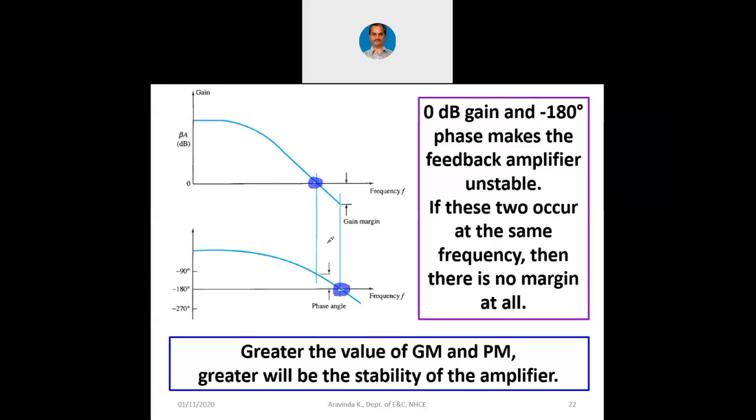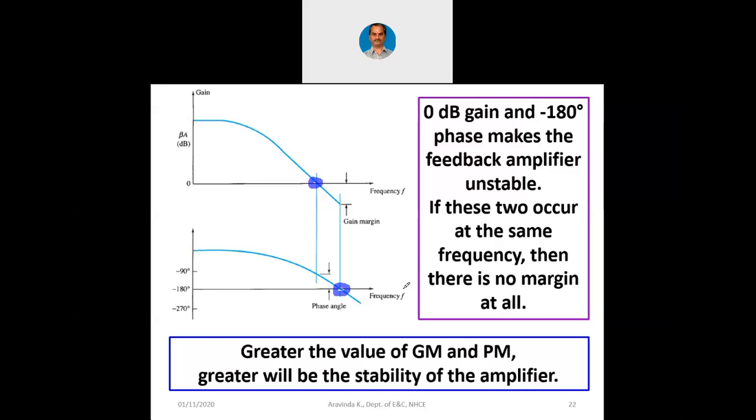These two crossovers are right now happening at different places. They should be like that. If they are happening at the same place, then there is no gain margin, there is no phase margin. The stability of the amplifier at higher frequencies is completely questionable. We cannot rely on that particular amplifier.